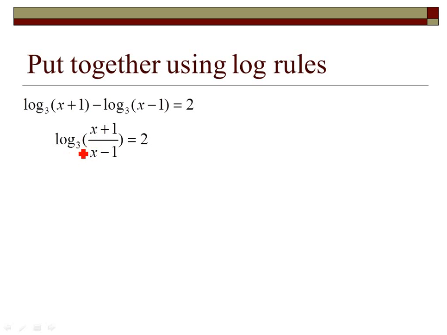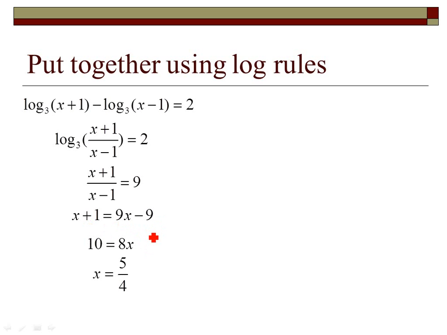I'm going to change to exponent form. So we get 3 squared is equal to x plus 1 over x minus 1. 3 squared equals 9. Now it's just an algebra problem. So I'll cross multiply, and I get 9x minus 9. I'll subtract x from both sides, add 9, divide by 8, and I get 5/4.